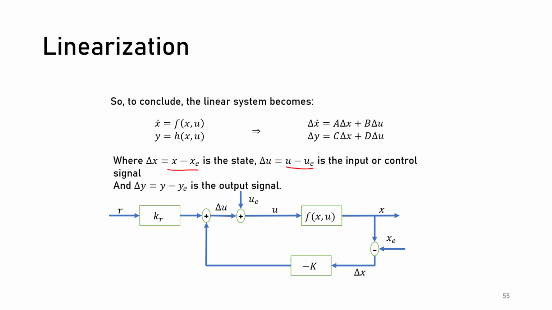So for the structure of the control you design, you can design delta u equal to minus K times delta h, right? But how can you compute delta h? Delta h is just h minus h equilibrium. And how do you get h? You compute it from the dynamic system.